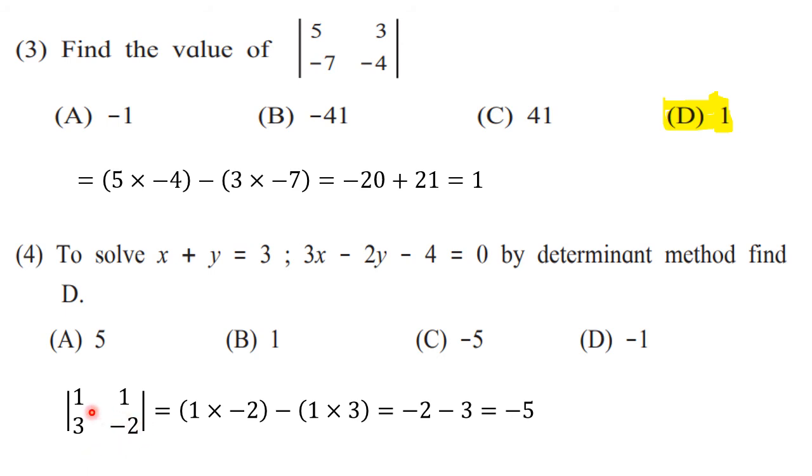Then you have to again go for cross multiplication. 1 into minus 2 minus 1 into 3. So your answer is what? Minus 2 minus 3, that is minus 5. So your correct option is C. Okay, this way you are going to find out the answers and mark the correct answer. You are going to write down the correct answer as alphabet C.